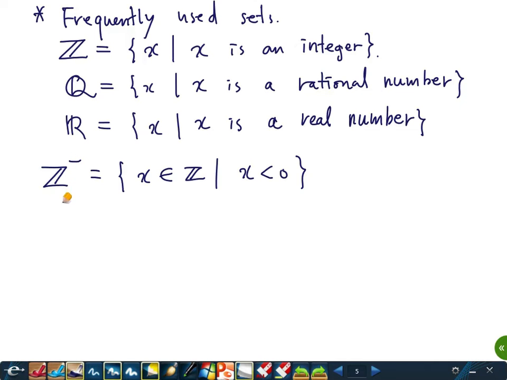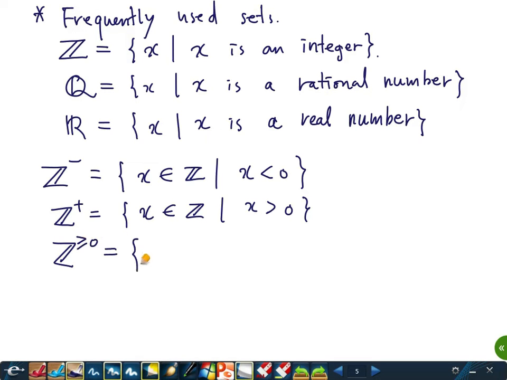And similarly, Z plus, you can imagine X this, or something like Z greater than or equal to 0, if you want to include 0 as well. Or this is also denoted if I write non-negative integer.